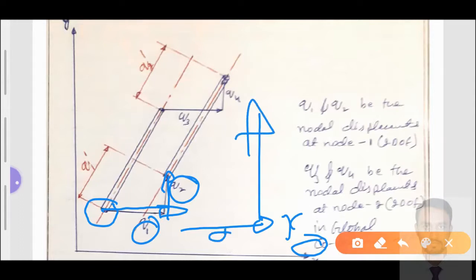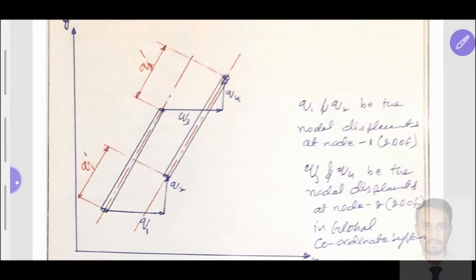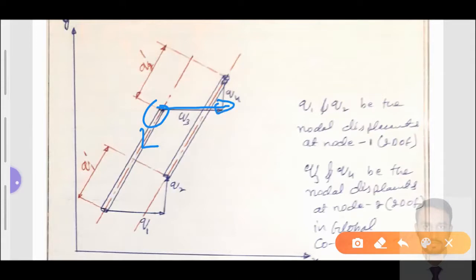Displacement along the x-axis is represented as q1 at node number 1, and displacement along the y-axis is represented as q2. Similarly, at node number 2, displacement takes place along the x-axis and then along the y-axis, represented as q3 and q4.